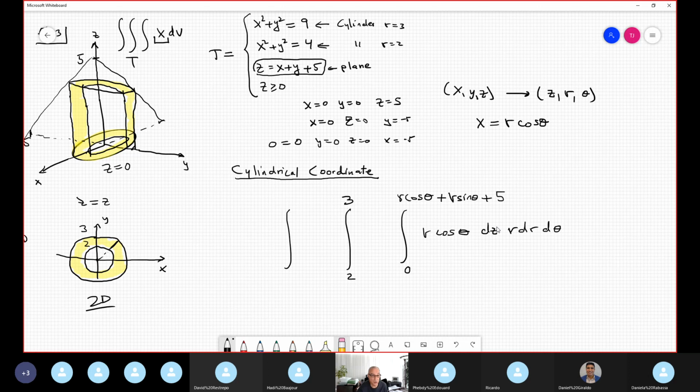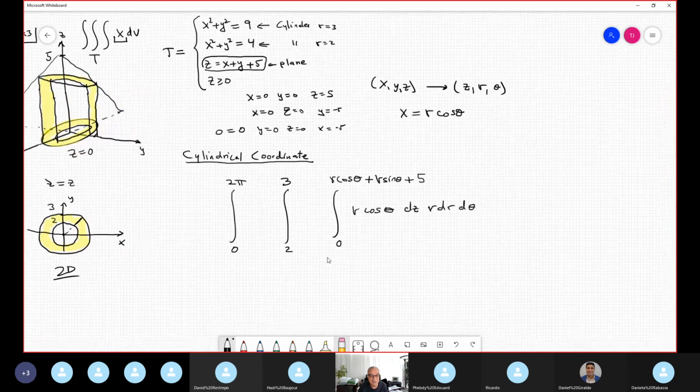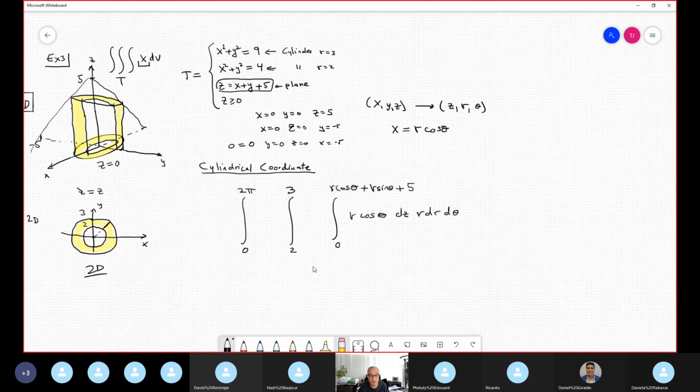And theta goes from 0 to pi, because there is the total ring. It's the total ring. For example, we could have 1/4 of the ring, but in this case, total ring. And this is my triple integral that allows me to compute the mass of this solid.